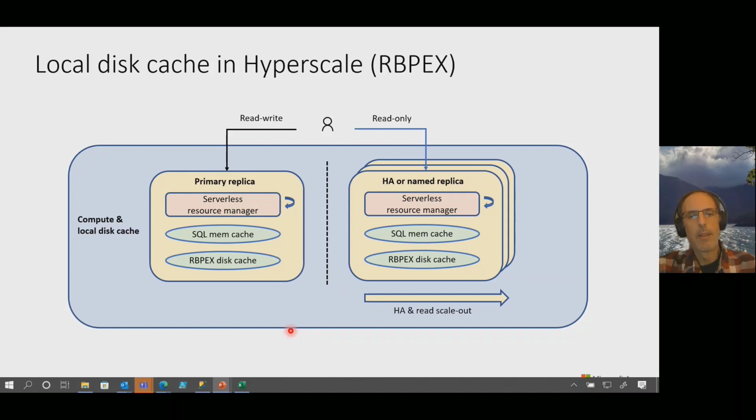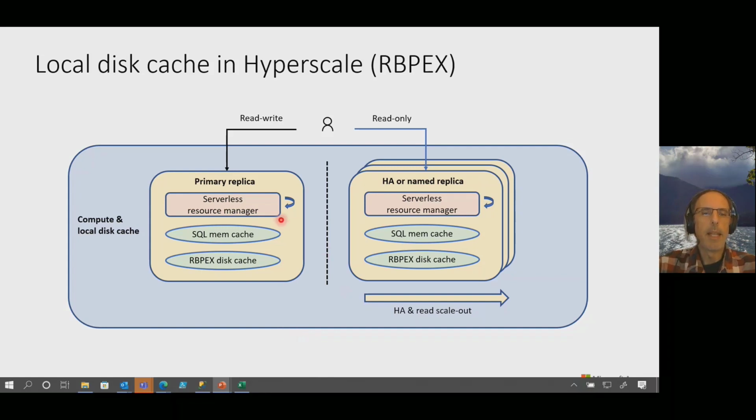The location of this RPBX cache on disk is on the same machine where the compute is running. So a cache miss in memory that becomes satisfied by RPBX is very performant.